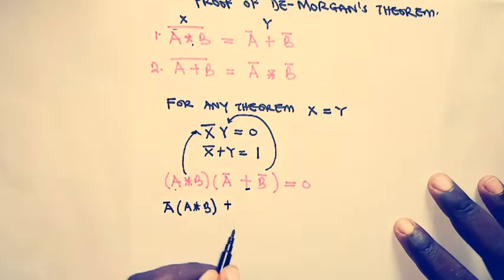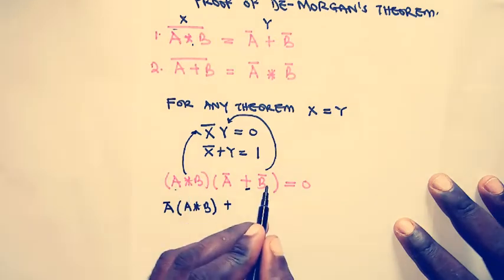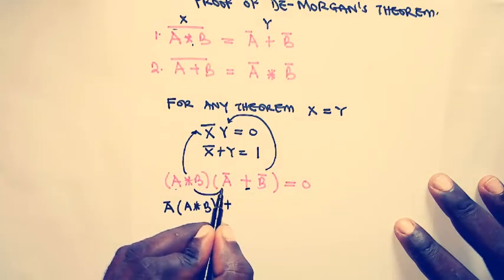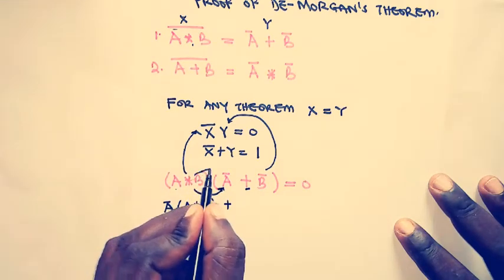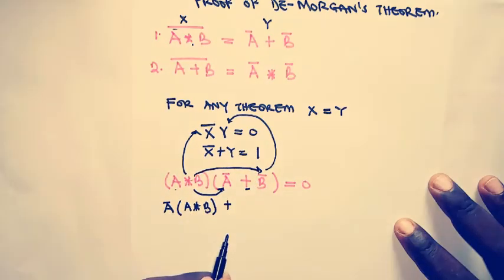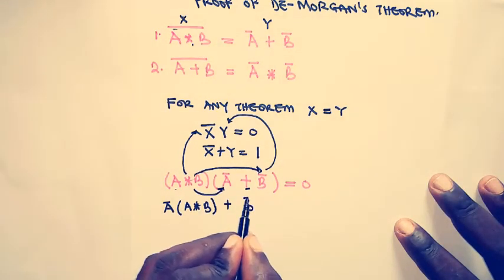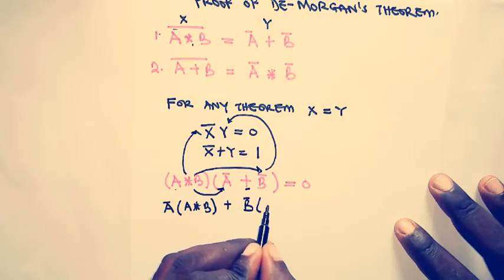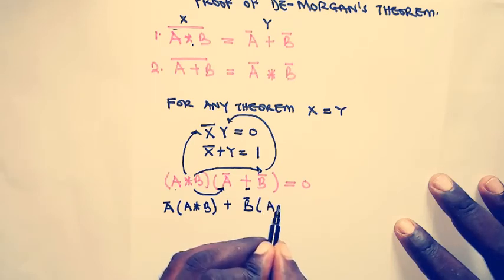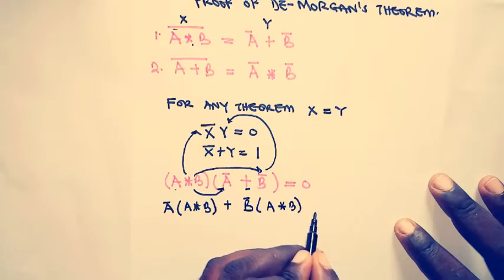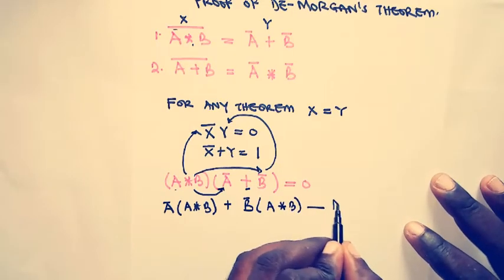Of course, then we distribute this over this, and then this over this. And then we have B' into the bracket of A B, and the law applied here is the distributive law.